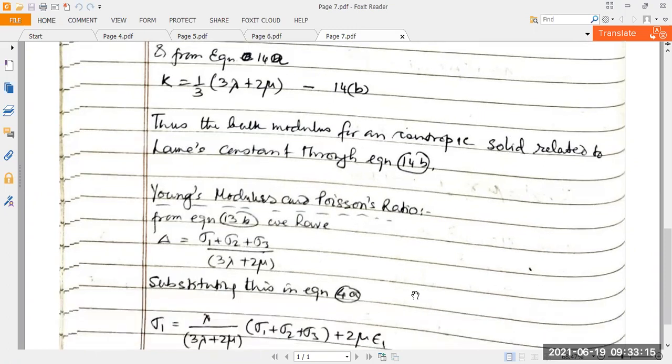Now, if we substitute in 4a, where sigma 1 is given as lambda into delta plus 2 mu into epsilon 1, then in place of delta we put this value, so lambda multiplied by sigma 1 plus 2 plus 3 over 3 lambda plus 2 mu, plus 2 mu epsilon 1 itself.